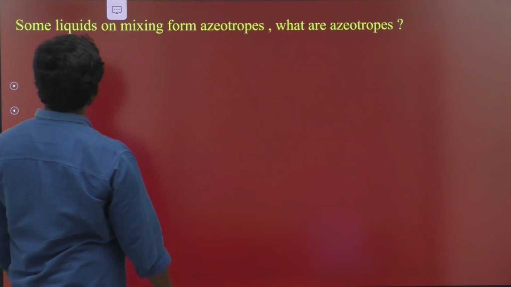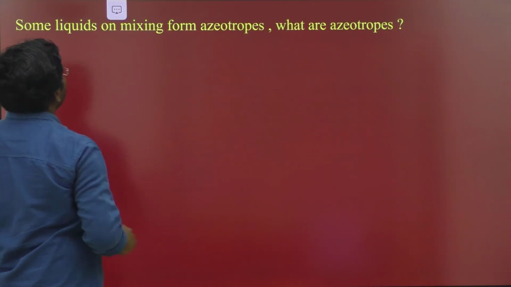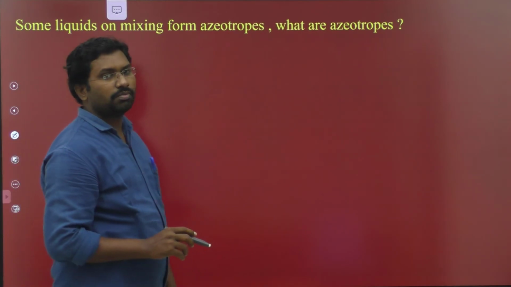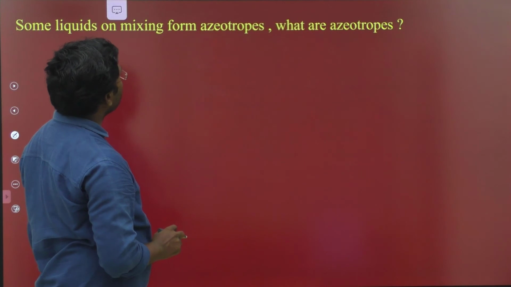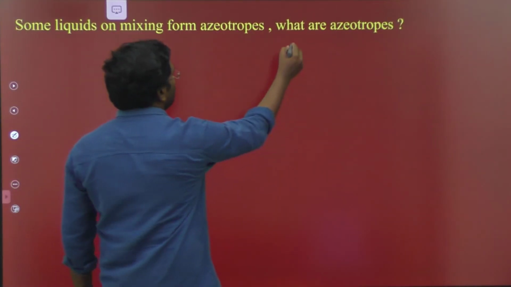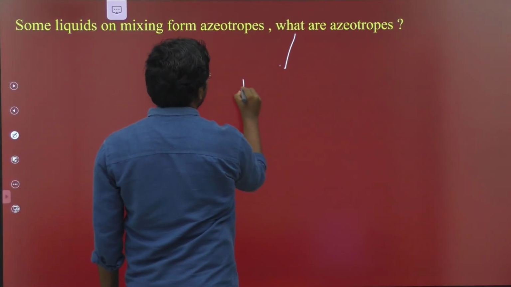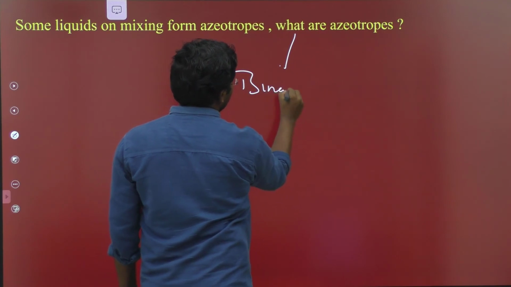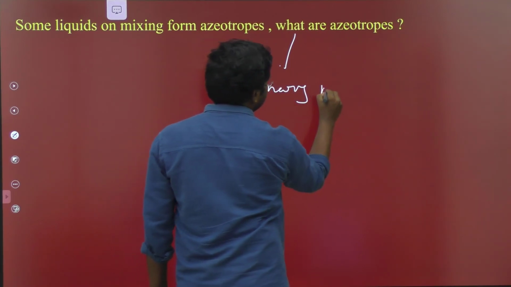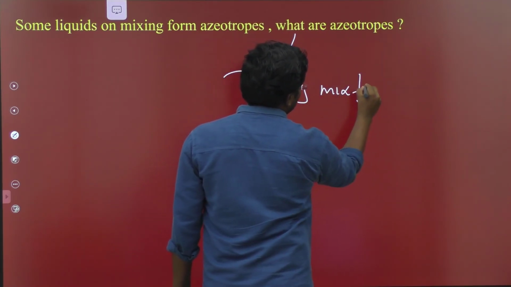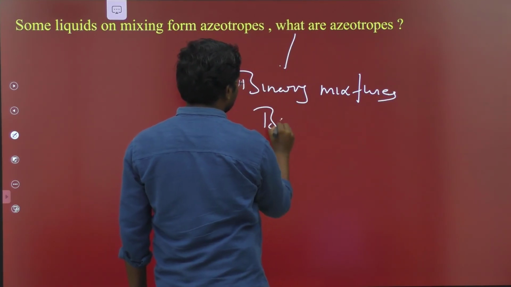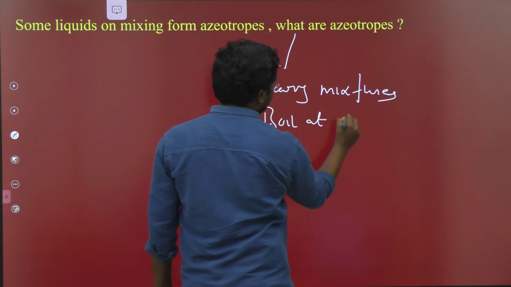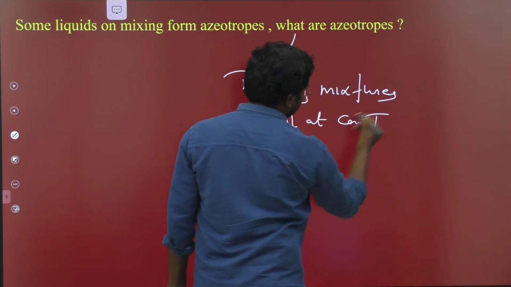And next one, some liquids on mixing. This is a question asked from an IIT exam from Delhi. Some liquids on mixing form azeotropes. What are azeotropes? Azeotropes are binary mixtures that boil at constant temperature.